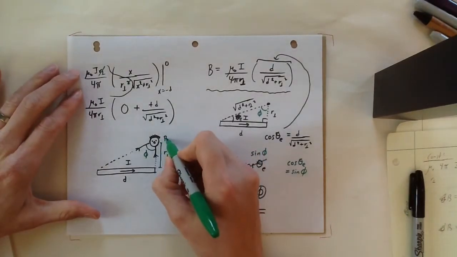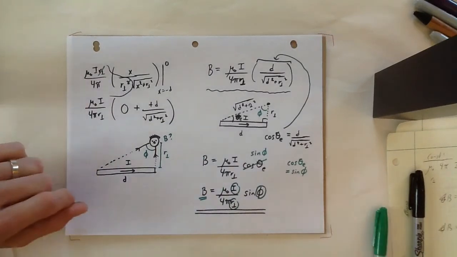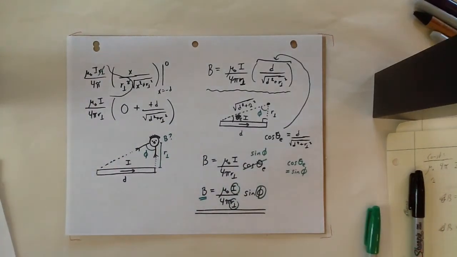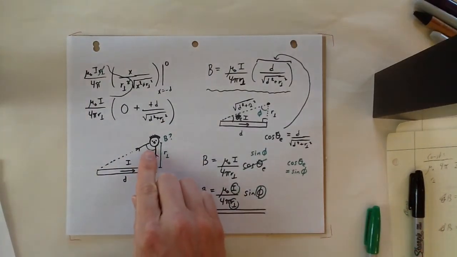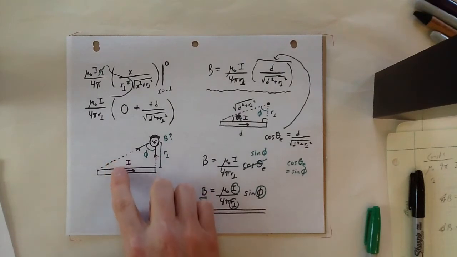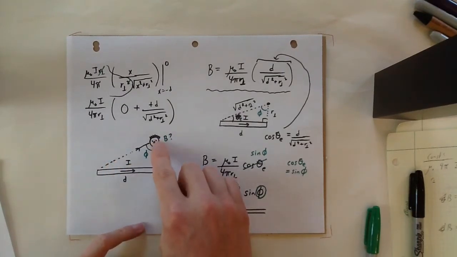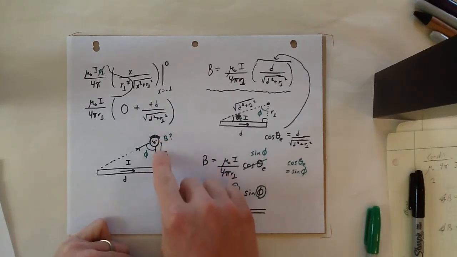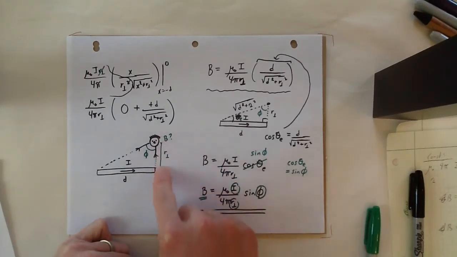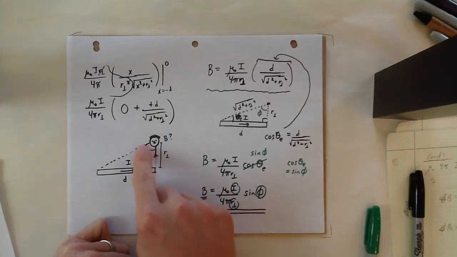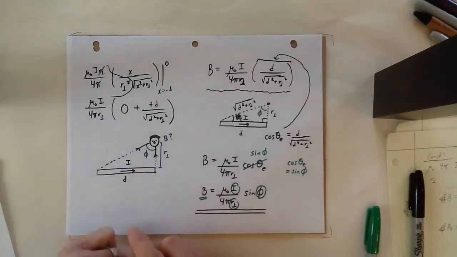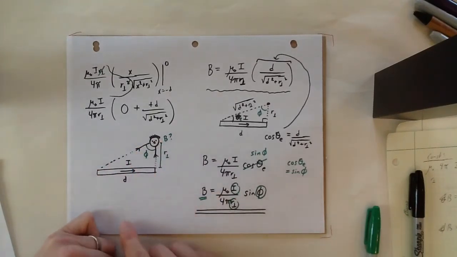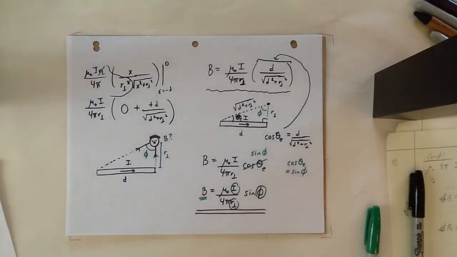So what is the magnetic field strength where you are? So I think that makes phi a much more intuitive angle than theta, because theta is over here. But if you're actually standing at the point where you want to know the magnetic field, and you're sitting there saying, how far am I away from this thing at the closest, and how much of an angle do my two hands make when I'm spanning the near and the far end, that's all the information you need to get the magnetic field that you're experiencing.